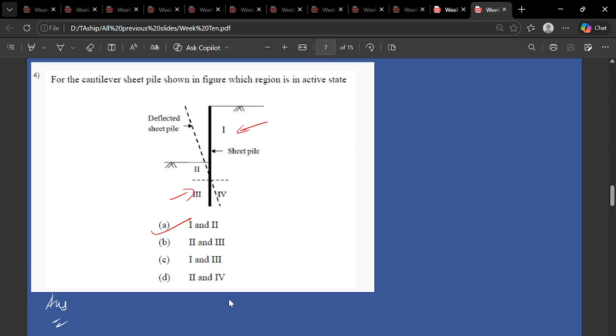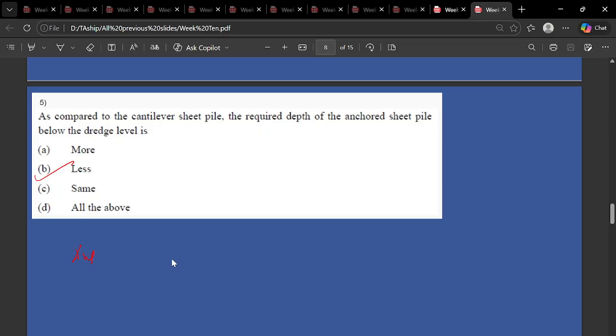So in the first case your sheet pile is moving away from the soil, so that is the active condition. The correct answer should be C, because in the first case your sheet pile wall is moving away from the soil, and in the third case your pile wall is also moving away. So in both the first and third conditions, your sheet pile wall is in the active state.